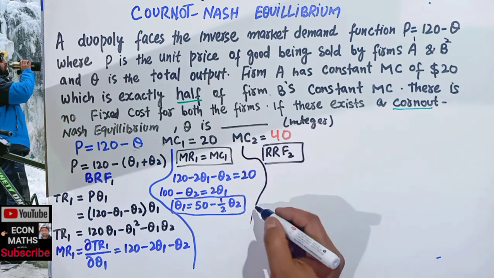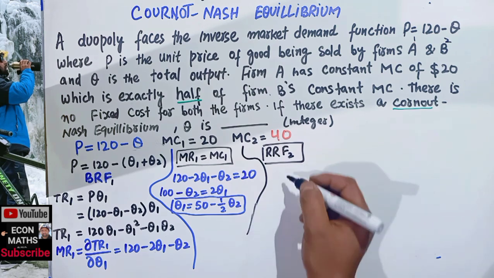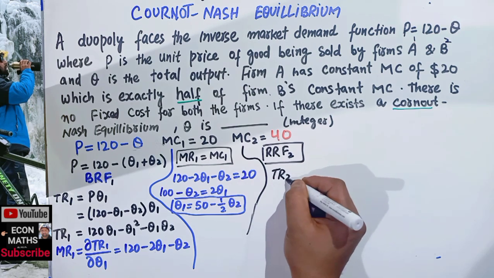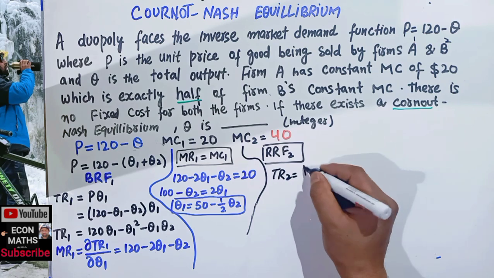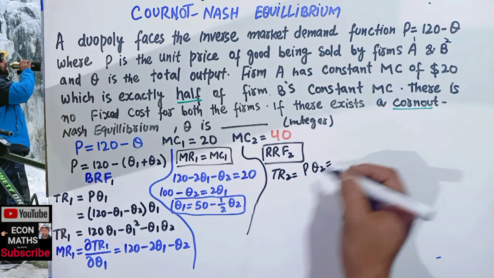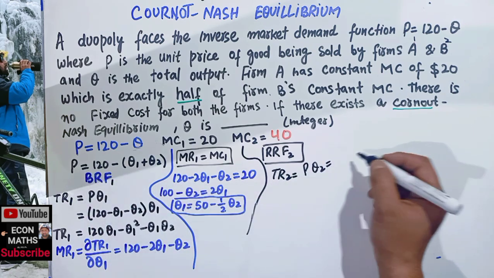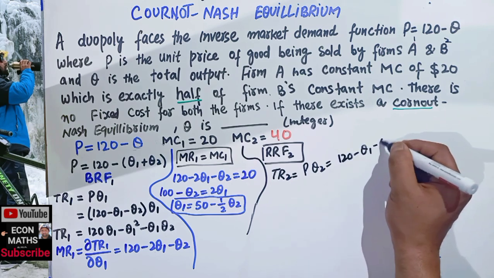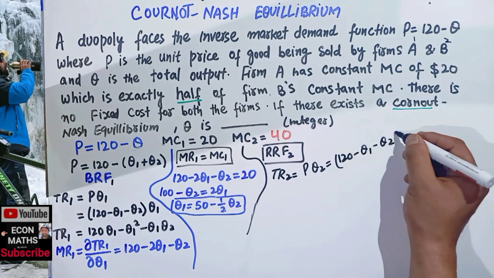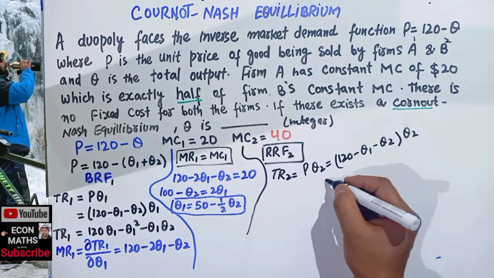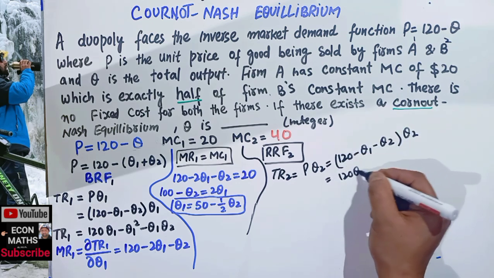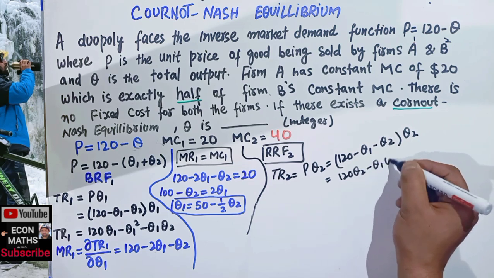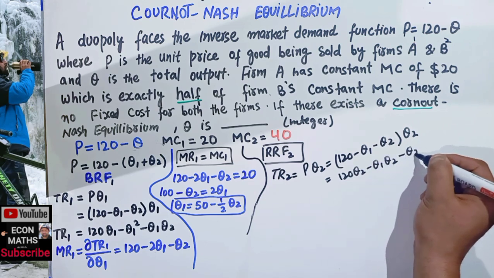First we need to find the total revenue of firm 2, which will be equal to P into Q2. The inverse demand function P is 120 minus Q1 minus Q2. To this we multiply Q2, which gives us 120Q2 minus Q1Q2 minus Q2 squared.